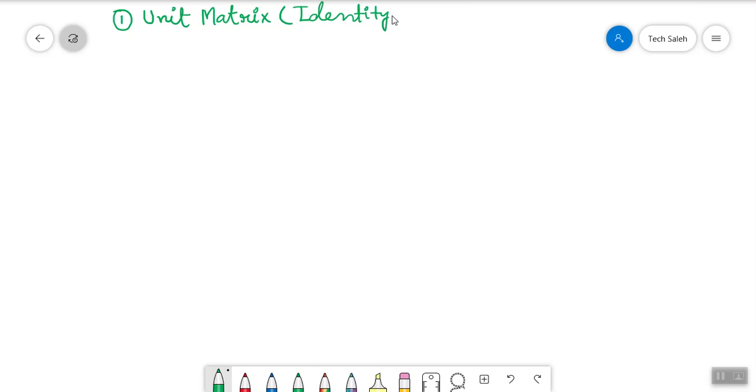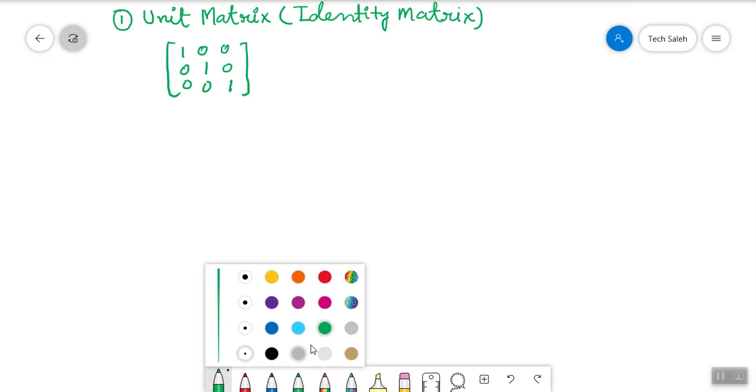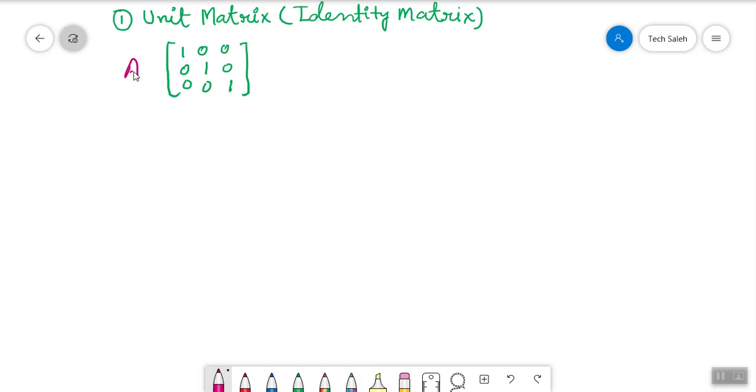Identity matrix is something like this: 1, 0, 0, 0, 1, 0, 0, 0, 1. So this is the identity matrix.